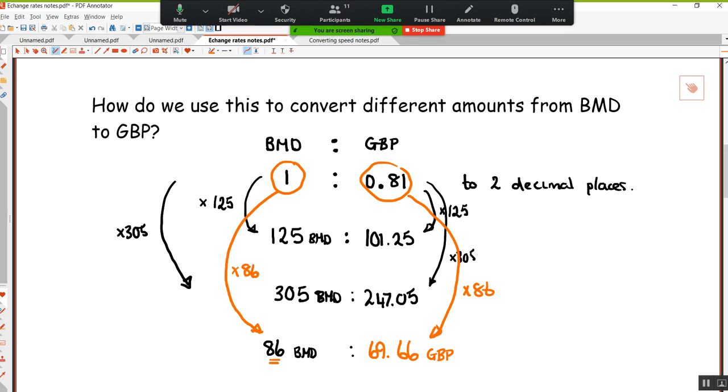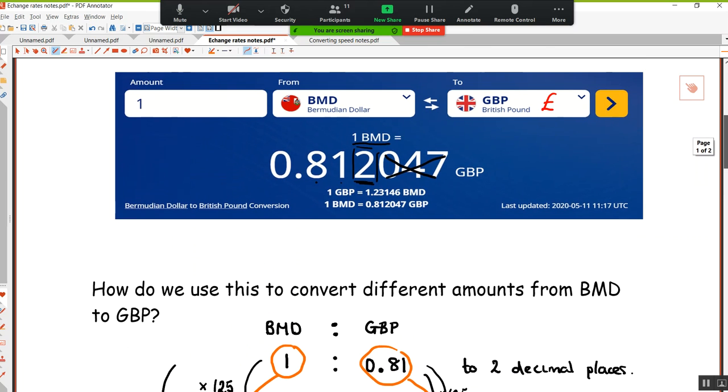Now, Alistair and Nick, did you, by any chance, put it into the converter? First off, yeah. And you got a different answer. Can you see why? Because the rates have changed. Yes. All right. So the exchange rates, guys, will change constantly.